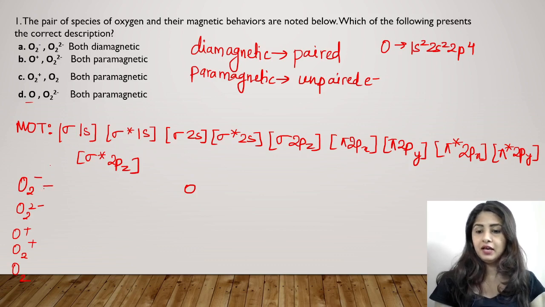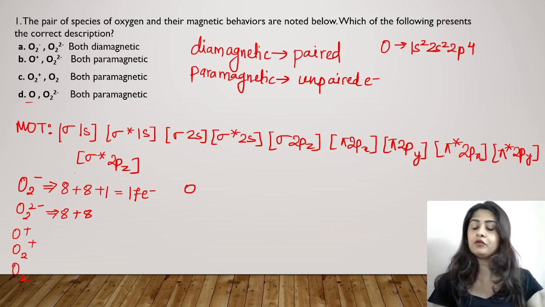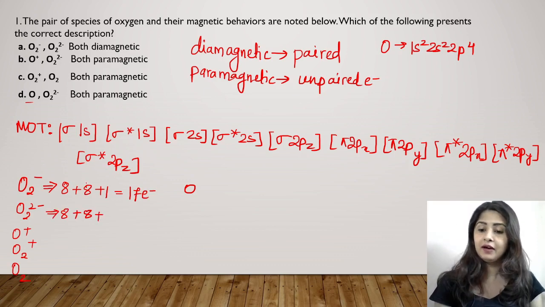So here we have how many electrons? We have 8 electrons from one oxygen atom, then 8 electrons from another oxygen atom, plus 1 electron since you have a negative charge over here, right? So total we have 17 electrons. For O2 2 minus, we have 8 plus 8, 8 electrons from each oxygen atom, plus 2 more electrons since the charge is 2 minus.